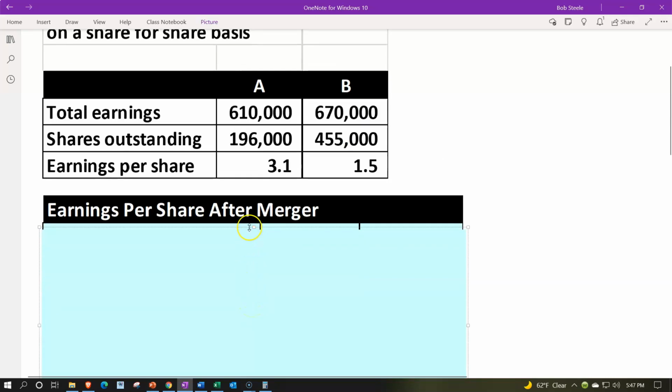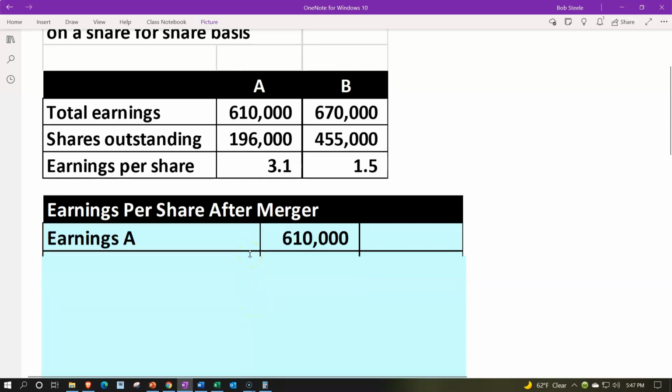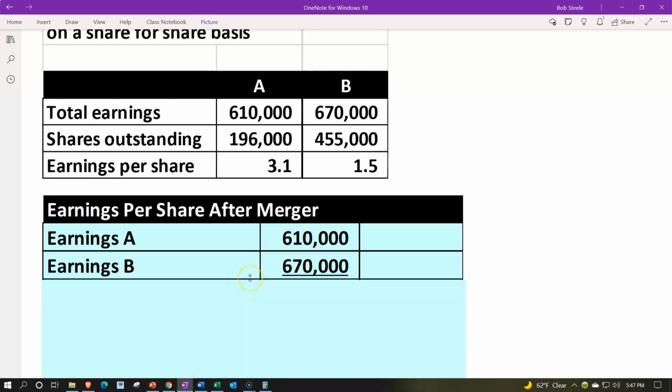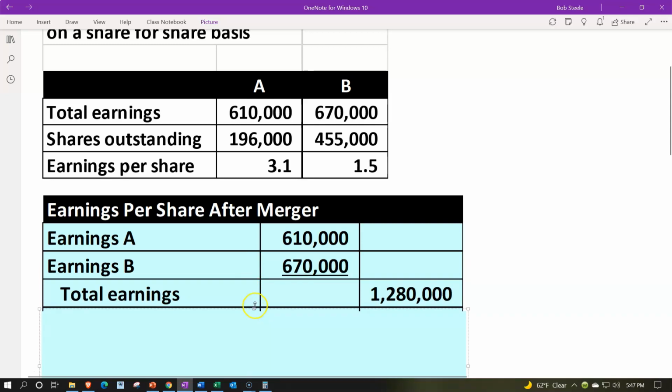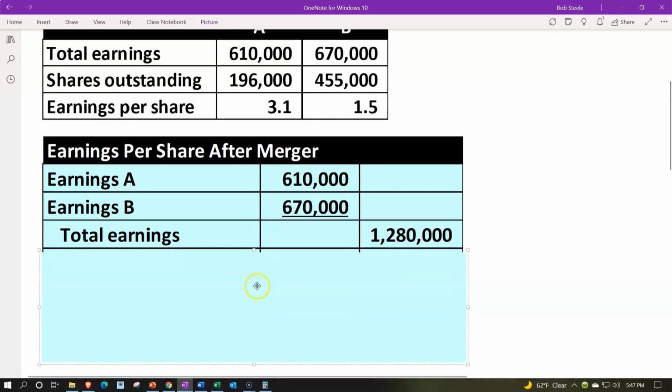To calculate that, it would look something like this. The earnings for A, 610,000, the earnings for B, 670,000. That means the total earnings would be going up to 1,280,000. That's good, that would increase the earnings per share.